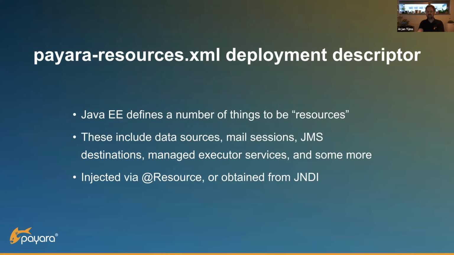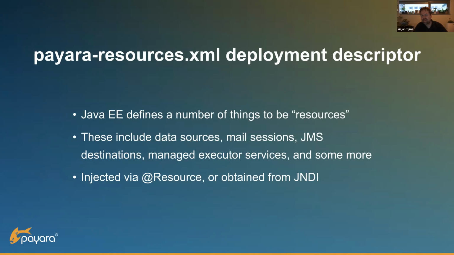And the next one I'd like to talk about is the payara-resources.xml deployment descriptor that we added. So first, some introduction to what this actually is and what this is about. Java EE defines a number of things, and they're called resources. They can include things like data sources, mail sessions, JMS queues, JMS topics, together called destinations, managed executor services, and some more things.